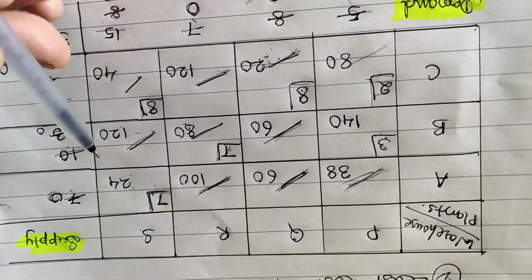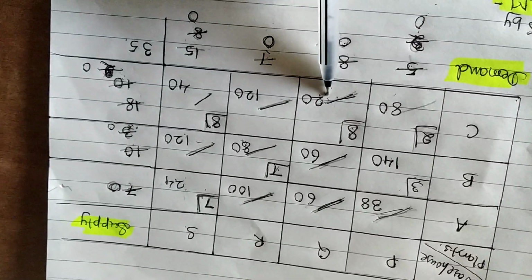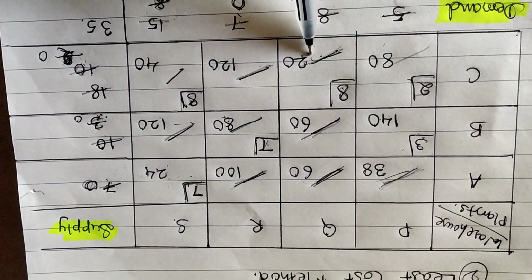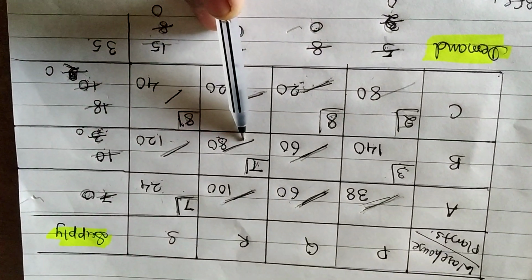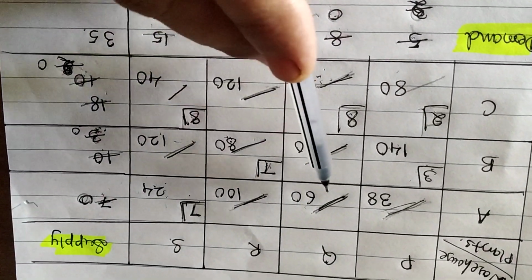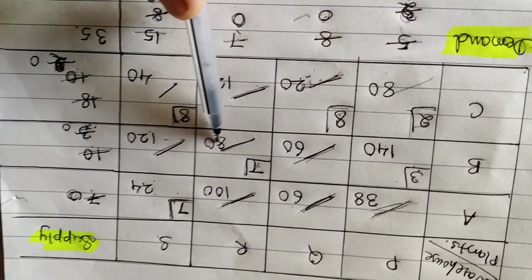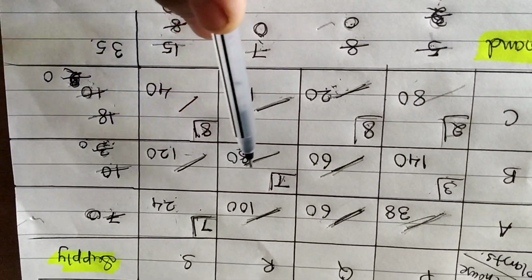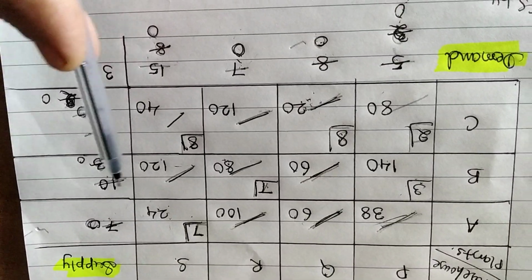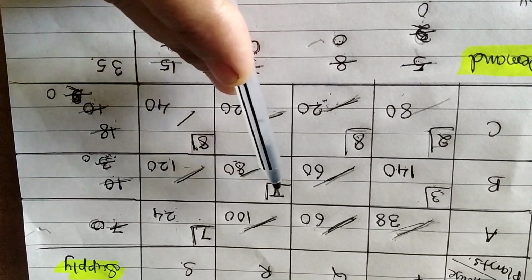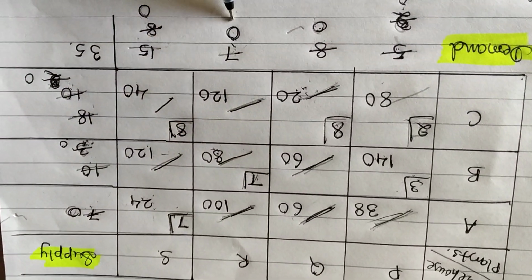Okay, next you see which is the smallest number. The next smallest number coming is 80. This row and this column are finished. Here first of all the demand is 7 and the supply is 10, so you take 7: 10 minus 7, the remaining is 3, and 7 minus 7 is equal to 0.